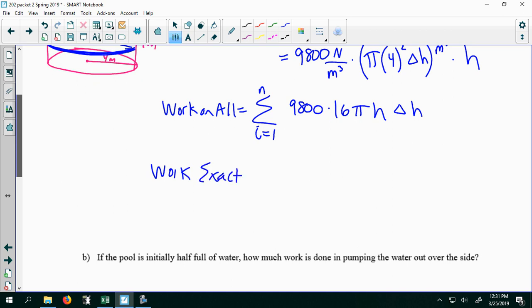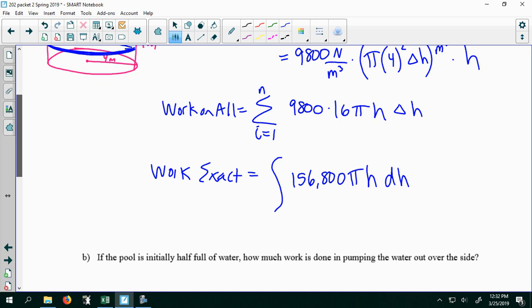It's the limit as n goes to infinity, which becomes the integral of 9,800 times 16, which is 156,800 pi h dh.